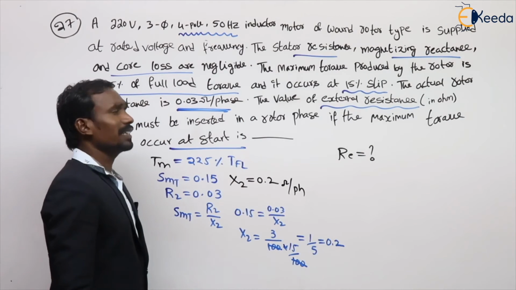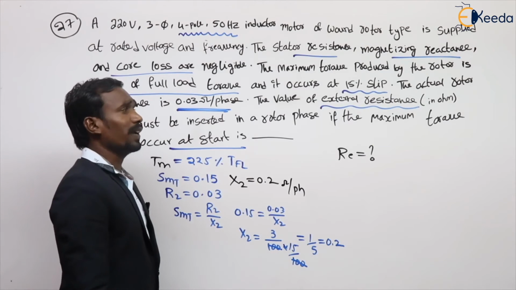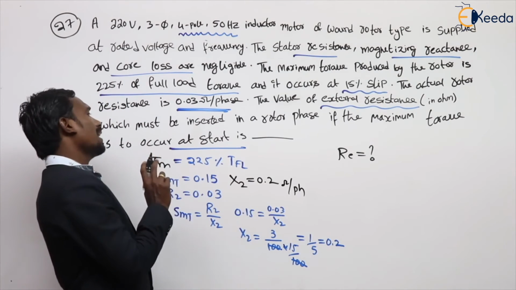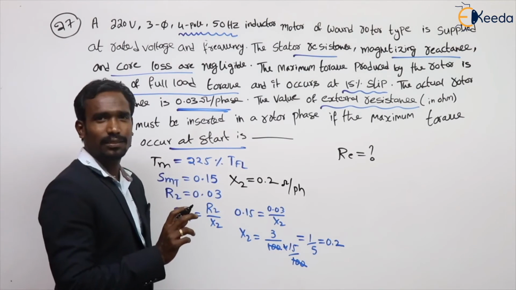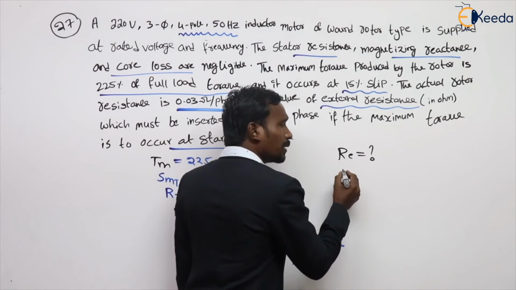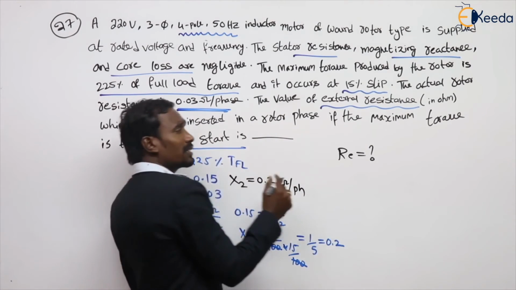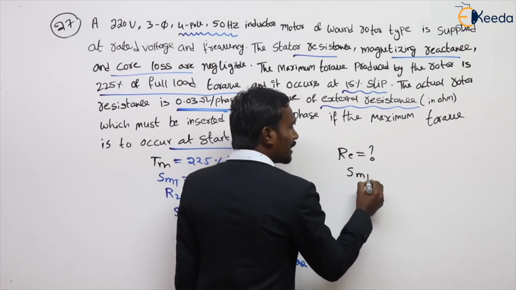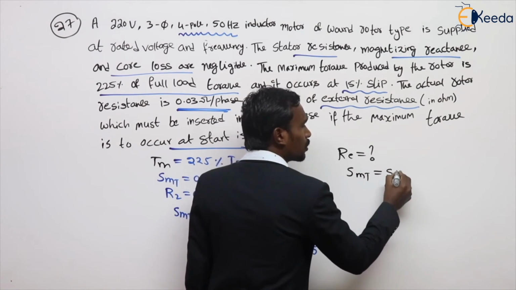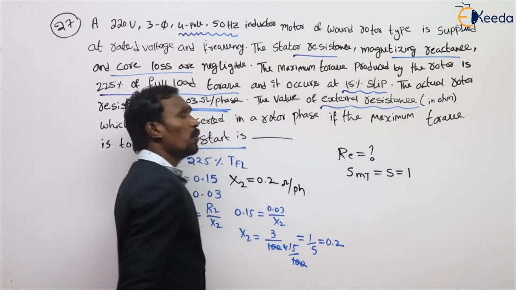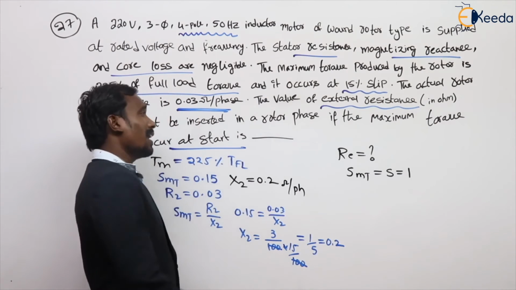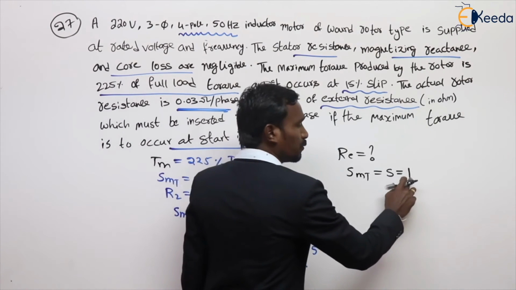which must be inserted in the rotor phase if the maximum torque is to occur at starting. Where can we get the maximum torque? At starting. Starting nothing but the SMT should be equals to 1, because the starting slip is 1.